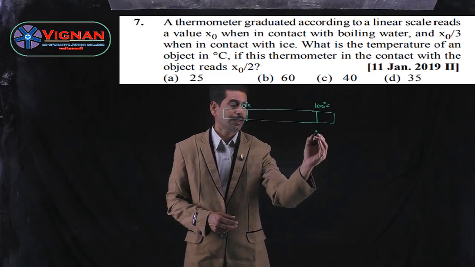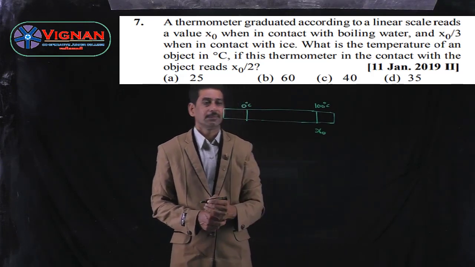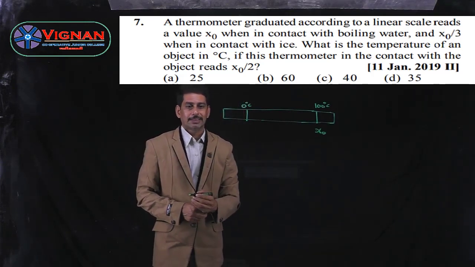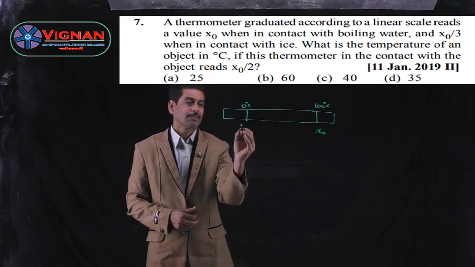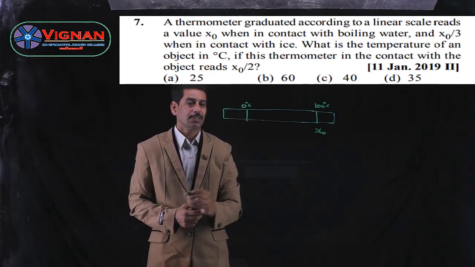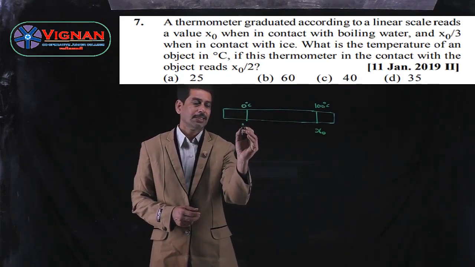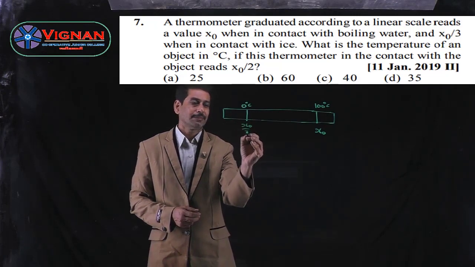So here the value is given as x0 and x0/3 in contact with ice. So the temperature of ice is 0 degrees centigrade. So in contact with ice it is given as x0/3.